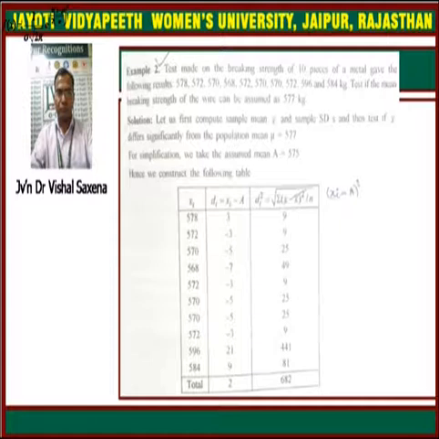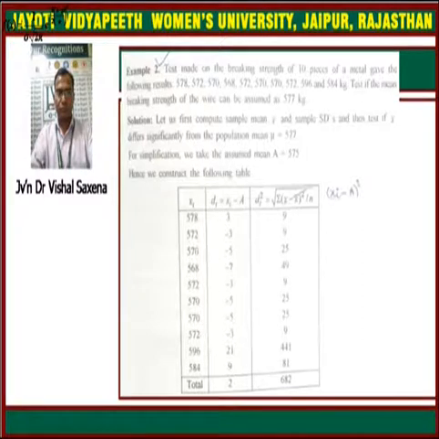Test if the mean breaking strength of the wire can be assumed as 577 kilogram. So we have to test whether the mean breaking strength of the wire can be taken as 577 kilogram or not. This is our problem.